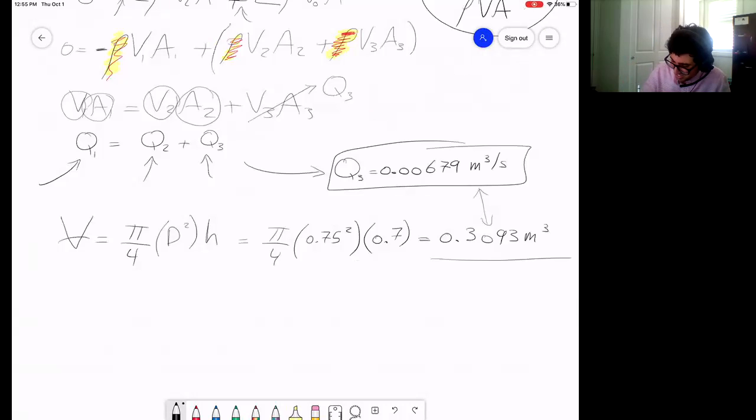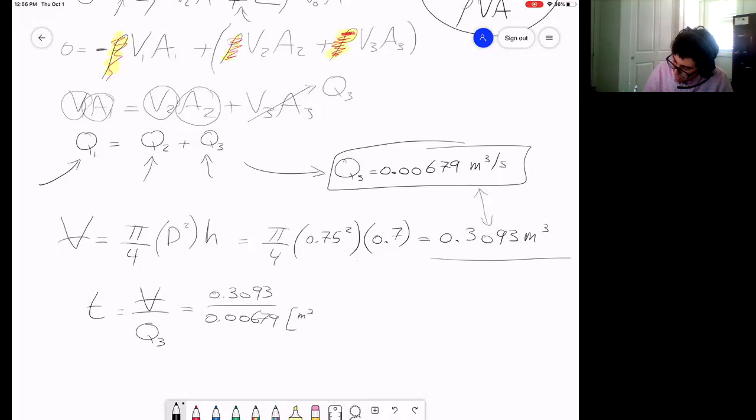So yes, T is equal to volume over Q3. We know the volume, 0.3093, and we know Q3, 0.00679.